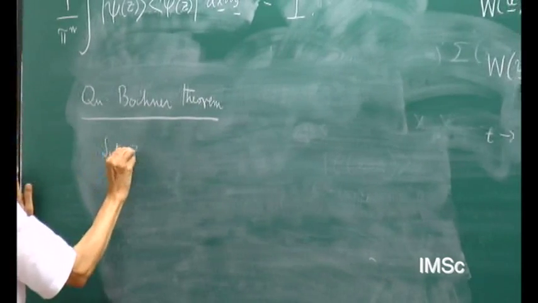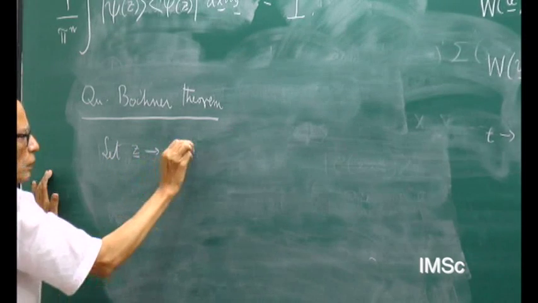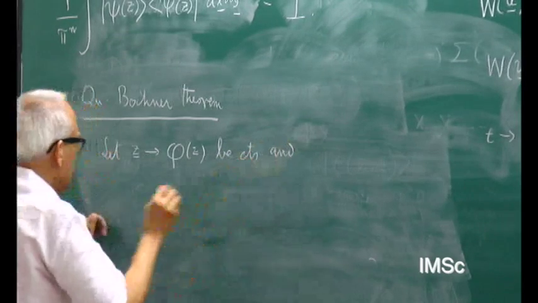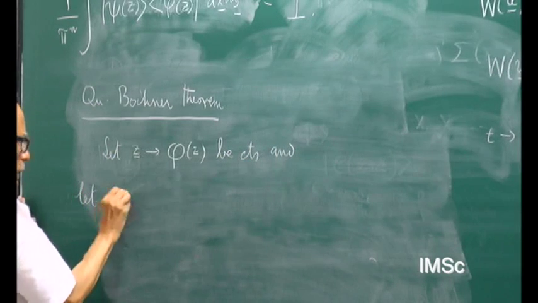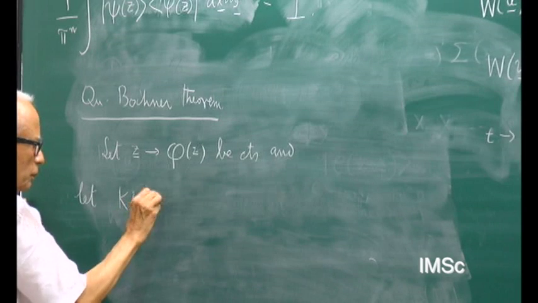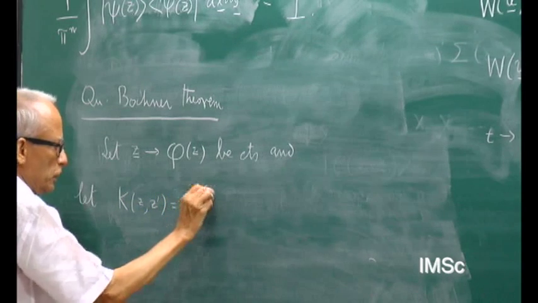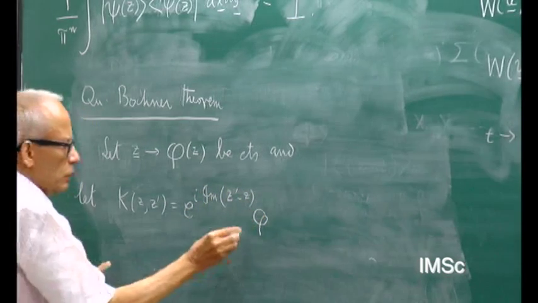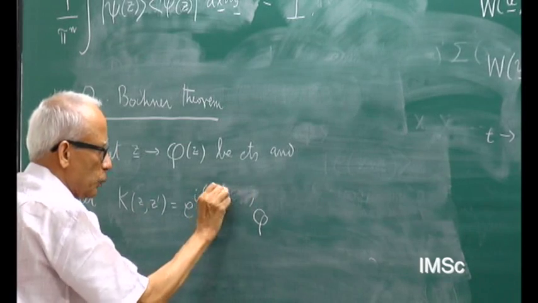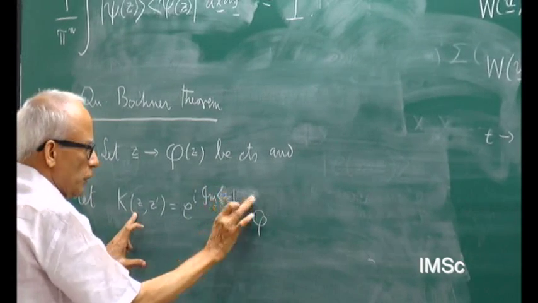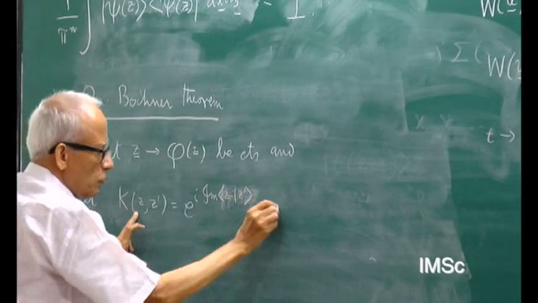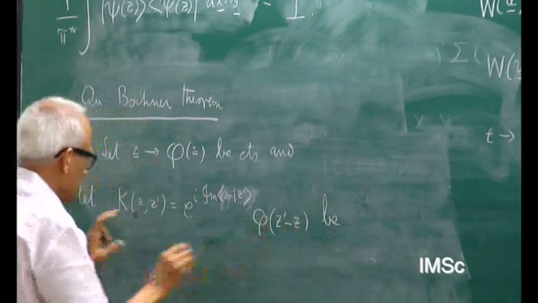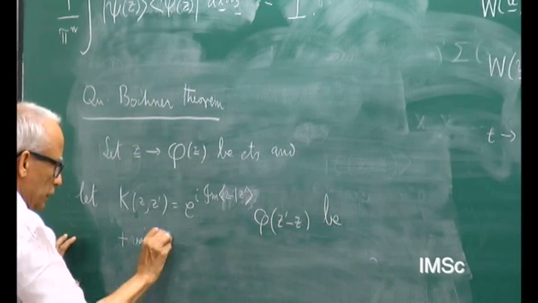Quantum Bochner theorem: let z to phi z be continuous, and let K(z prime, z) equal to e to the i imaginary part of the scalar product z prime, z, times phi of z prime minus z, be positive definite.